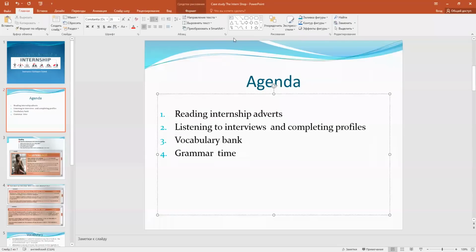Then we will strengthen our vocabulary and acquire topic-specific vocabulary. Finally, we will finish our presentation with cool grammatical activities. You will do grammatical exercises as well. So we now have so many students to conduct our lesson.